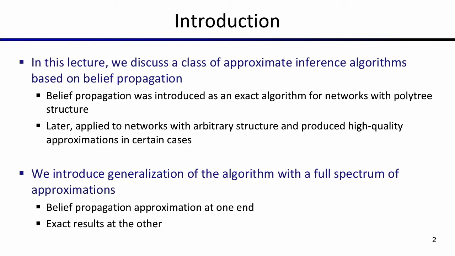The classical belief propagation algorithm was the first exact inference algorithm proposed for Bayesian networks. It was in the beginning of the 80s, and it made an assumption that the network had a polytree structure. So just remember, a polytree structure means that we have no loops.